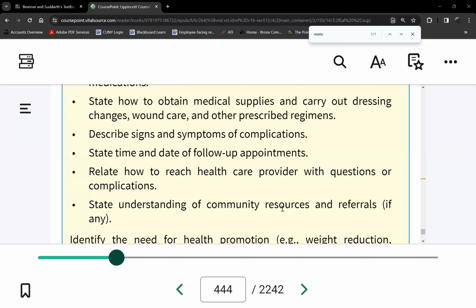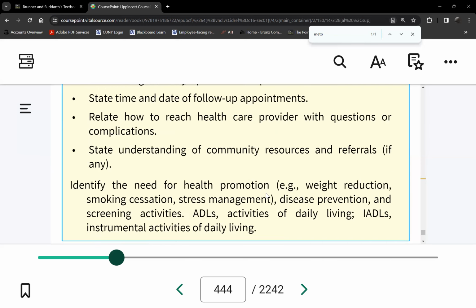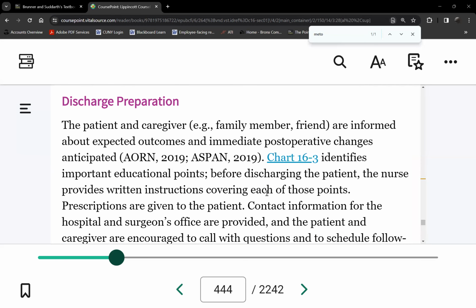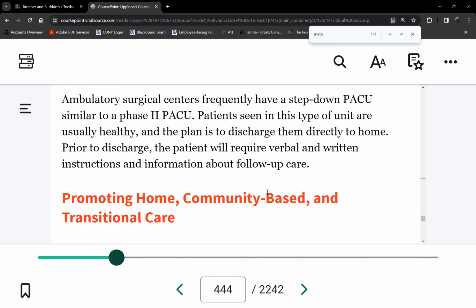Fresh post-op patient. Let's start with the surgical wound. What are the signs of infection? Bleeding, meaning drainage. What is the expected color of the incision drainage after surgery? Sanguinous, which means bloody, red.